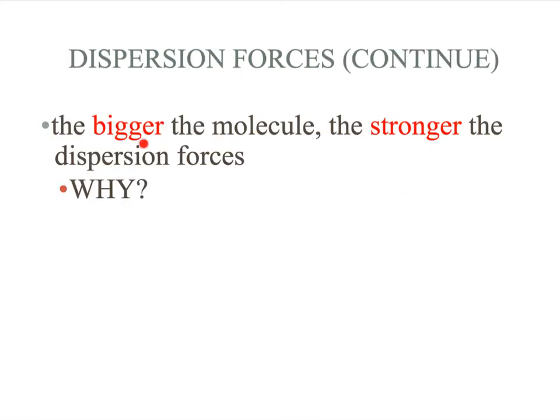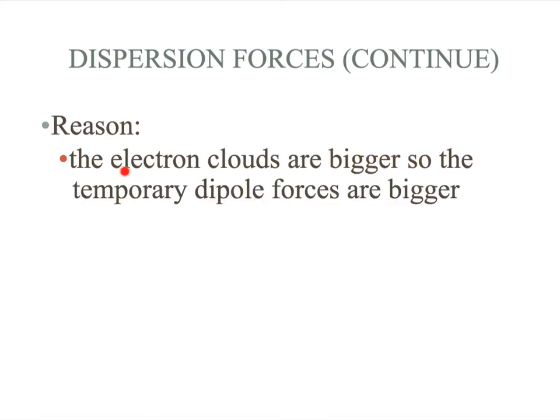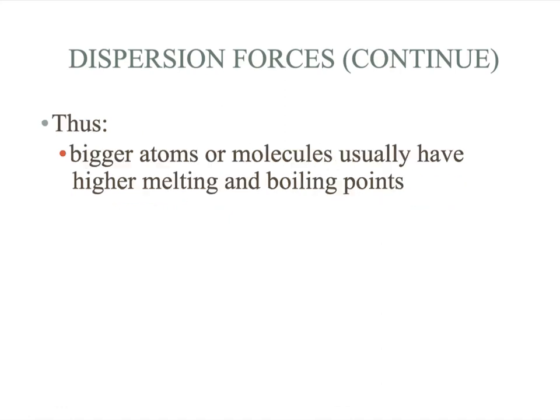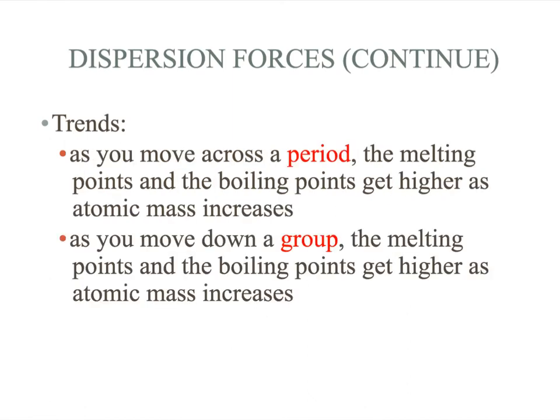With dispersive forces, the bigger the molecule, the stronger the dispersive forces. Why? The reason is that the electron clouds are bigger, so therefore the temporary dipole forces are also bigger. Thus, bigger atoms or molecules usually have a higher melting and boiling point. What trend do we see?